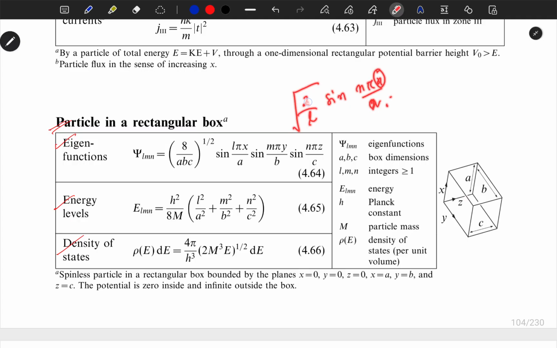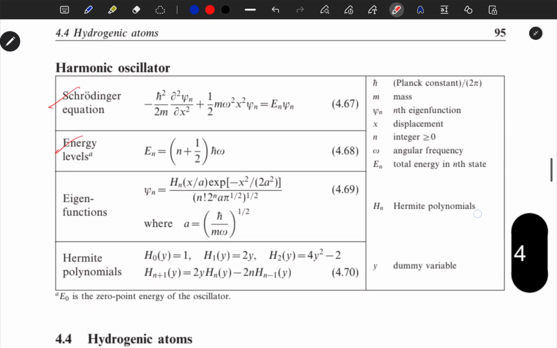So in that case it is root(8/abc) times the sine for the different directions x, y and z. So the energy levels are ħ²π² by 2m times (l²/a² plus m²/b² plus n²/c²). Density of states ρ(E)dE equals 4π by h³ (2m)^(3/2) E^(1/2). So the density of states is proportional to E to the power half.